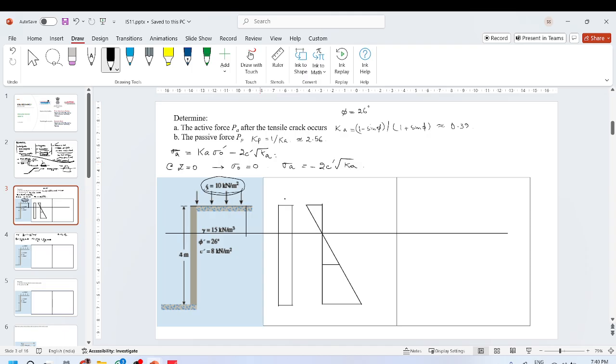So let's write this. Surcharge term is Ka into Q, madam.